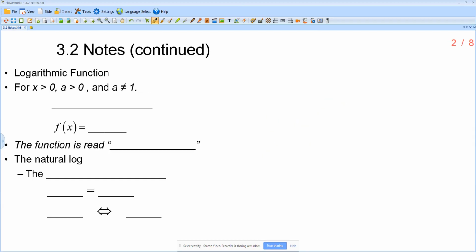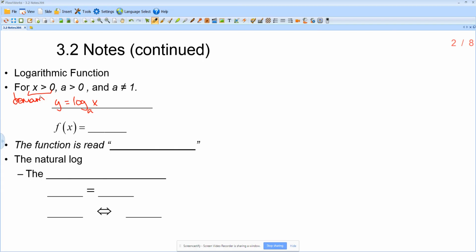So, logarithmic functions. For x greater than 0, and a greater than 0 and a not equal to 1, this right here is our domain. Then, given all that information, y equals log base a of x.